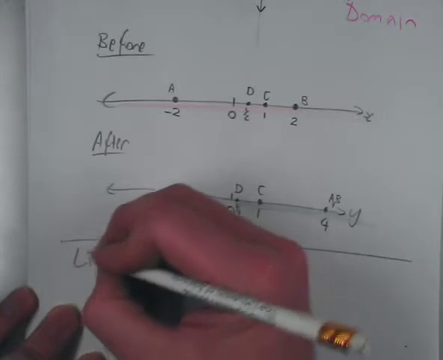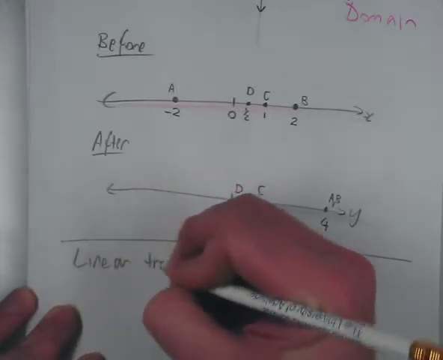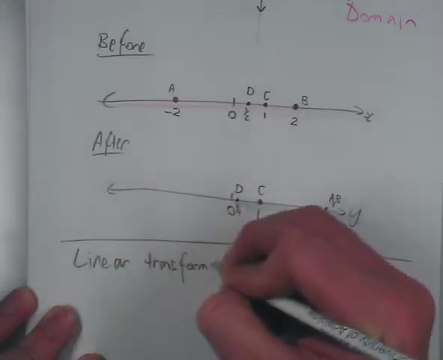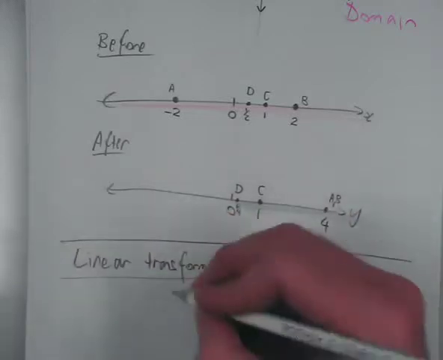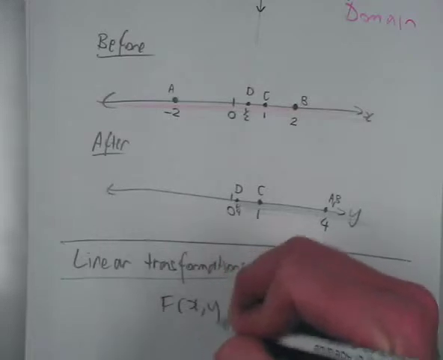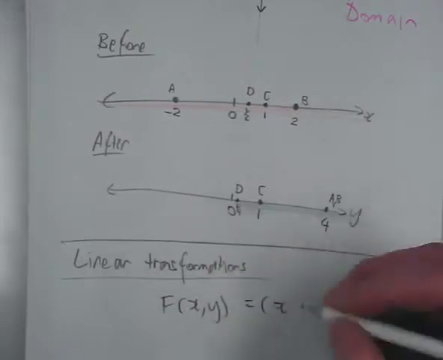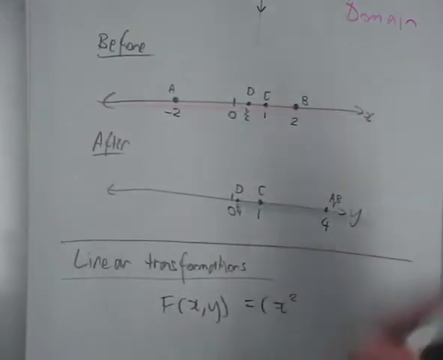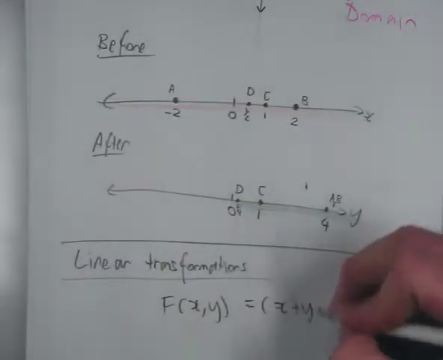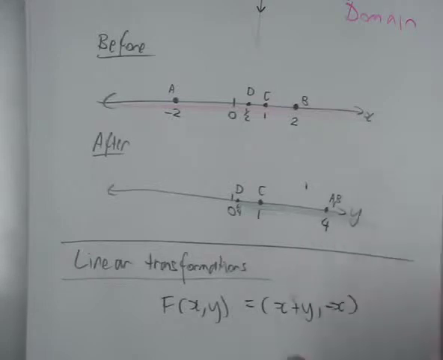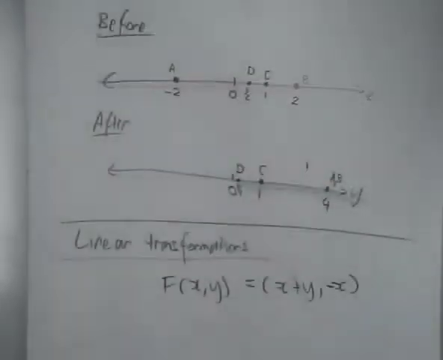So for linear transformations, for example, you might have something like, can't do squares, f(x, y) is (x plus y, minus x). So this function goes from R2 to R2.